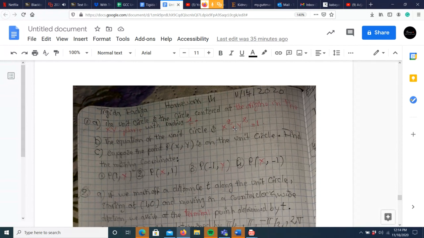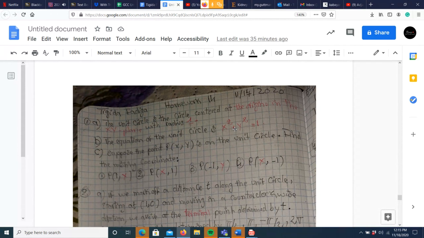Okay, so for number 3, they give me the x value, -1. So to plug into the equation will be -1 squared plus y squared is equal to 1. -1 squared, is that 0? I'm not sure. -1 squared is equal to -1.